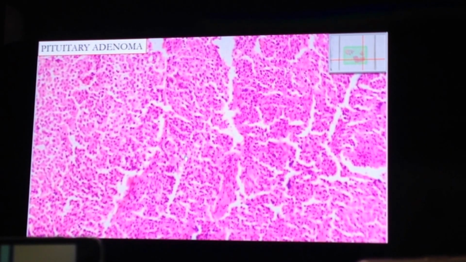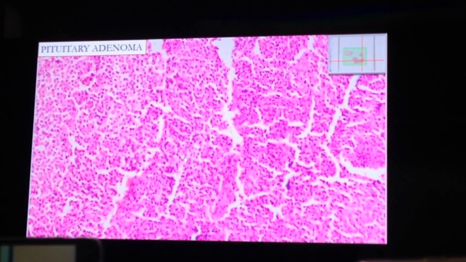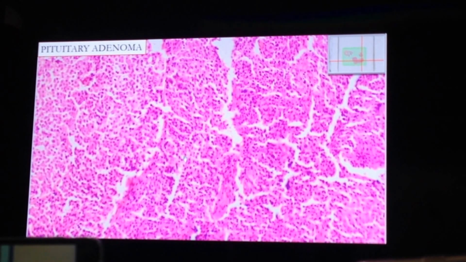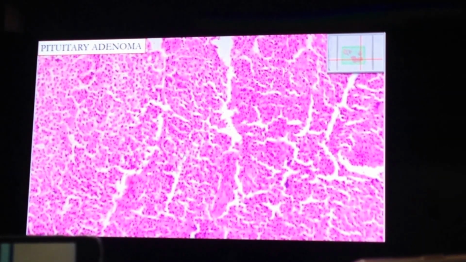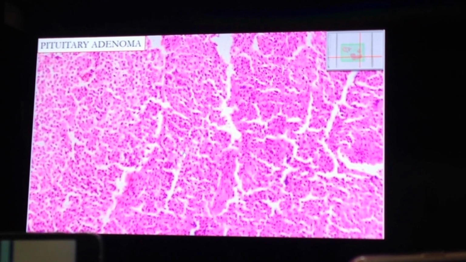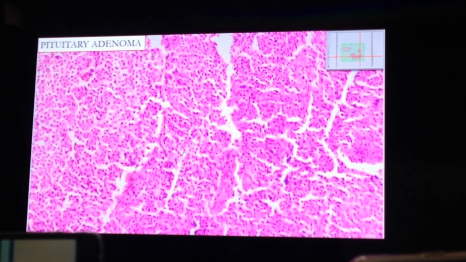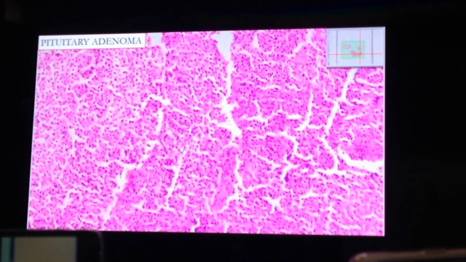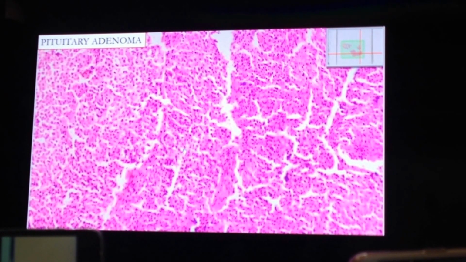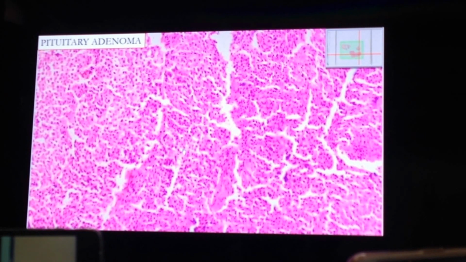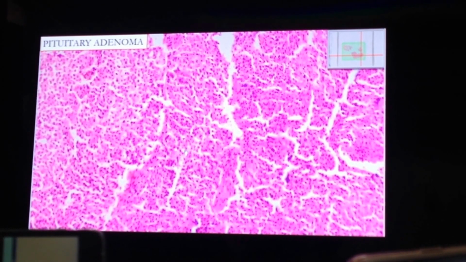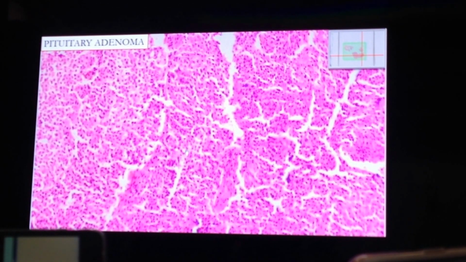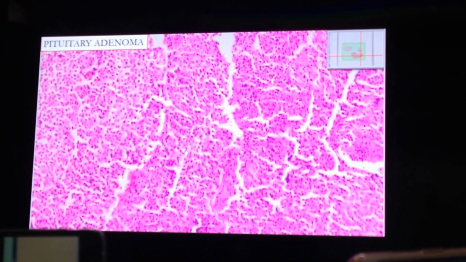Okay, so what are the cells of your pituitary gland? Lactotropes, somatotropes, thyrotropes, gonadotropes. Each cell would secrete hormones. Example, gonadotropes secrete FSH and LH.